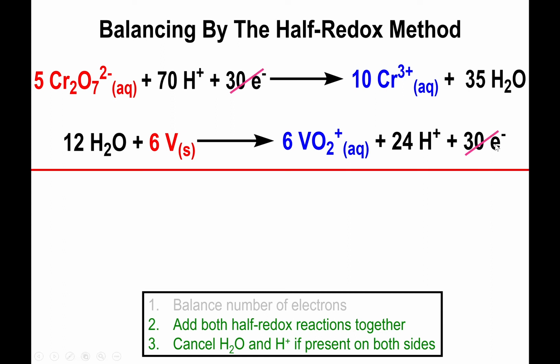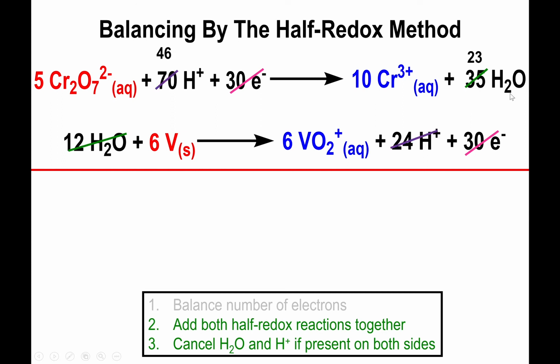So case in point, 30 electrons on the left side and 30 electrons on the product side fully cancel out. But looking at this, we have 35 waters on the product side and 12 waters on the left side of the equation. So that means that we're going to partially cancel out the waters. All 12 waters on the left side of the second equation go away. But you subtract 12 from 35 to come up with 23 waters.